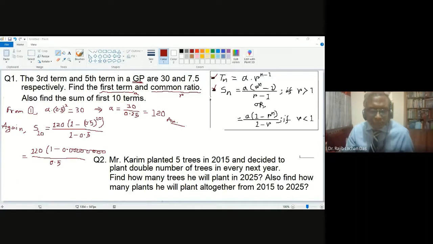Okay, so now tell me what will be this number 0.5 to the power 10 and then 1 minus that number. So tell me altogether what is this.